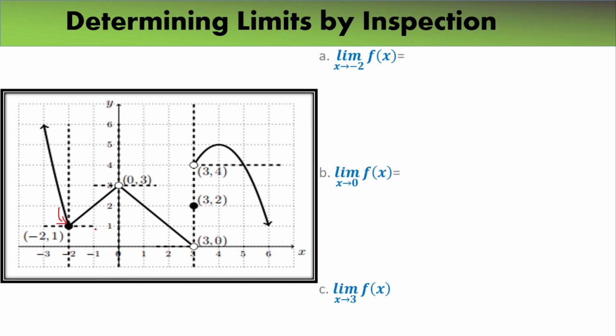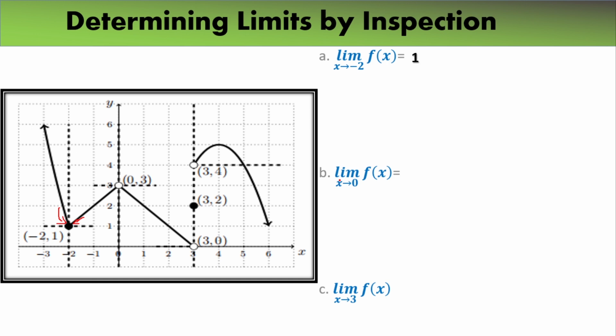Papunta siyang positive 1. So, try naman natin sa may right side. As x approaches negative 2 from the right, saan papunta ang value ng f of x natin o yung y value natin? Papunta din siya ng 1. Since the same yung mga one-sided limits natin at papunta silang dalawa sa common point which is 1, so masasabi natin the limit of f of x as x approaches negative 2 is 1.